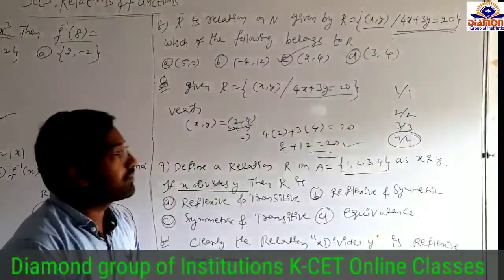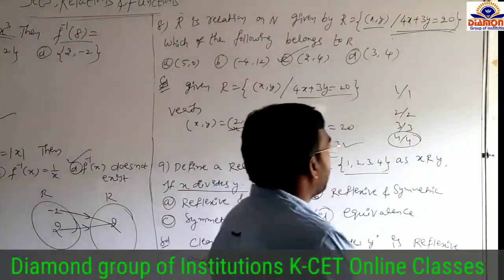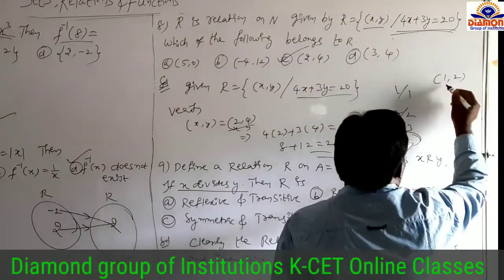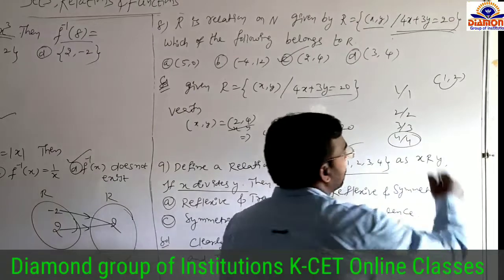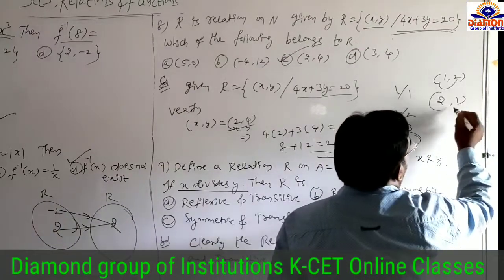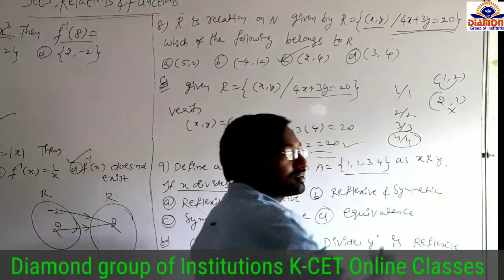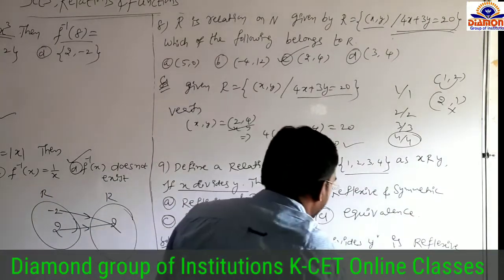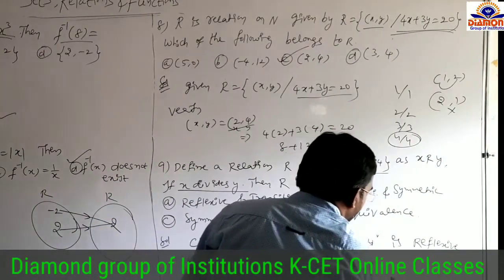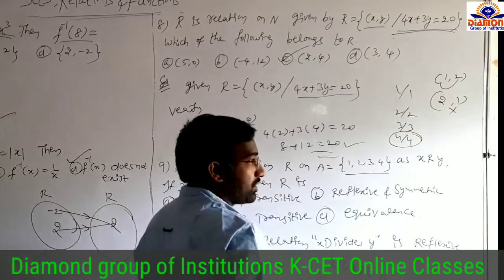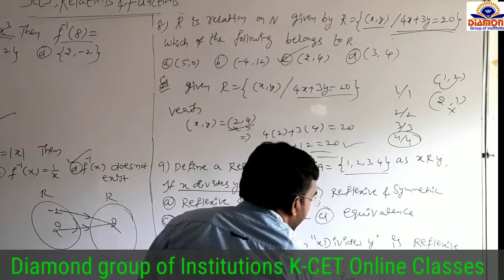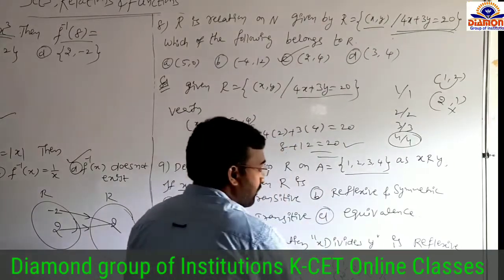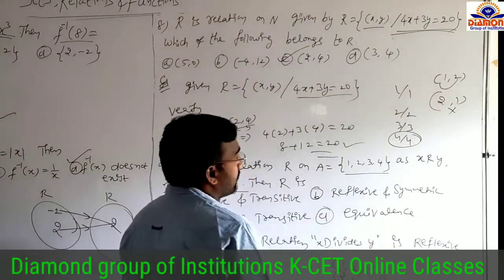Next, symmetric. Suppose you take 1 comma 2. 1 divides 2 is possible, but 2 divides 1 is not possible. That's why this is not symmetric. Next, transitive. Suppose you take 1 comma 2 belongs to R. So 1 divides 2, this is okay. Next, you take 2 comma 4 belongs to R. So 2 divides 4 is possible. What is the transitive condition?